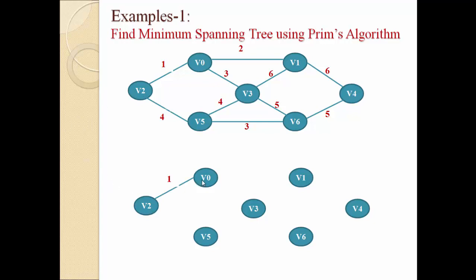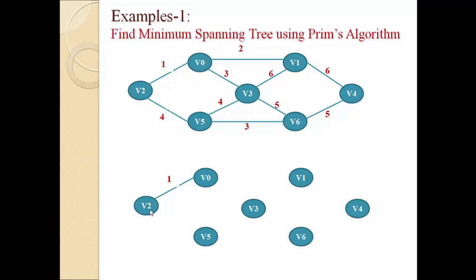This selection is V0 to V2. Now we have 2 nodes, V0 and V2, and we have to identify the next adjacent node which is directly connected with either V0 or V2. V0 is connected with V1 and V3. V0 to V1 has a cost 2, and V0 to V3 has a cost 3. Again we have to check the nodes which are directly connected with V2.